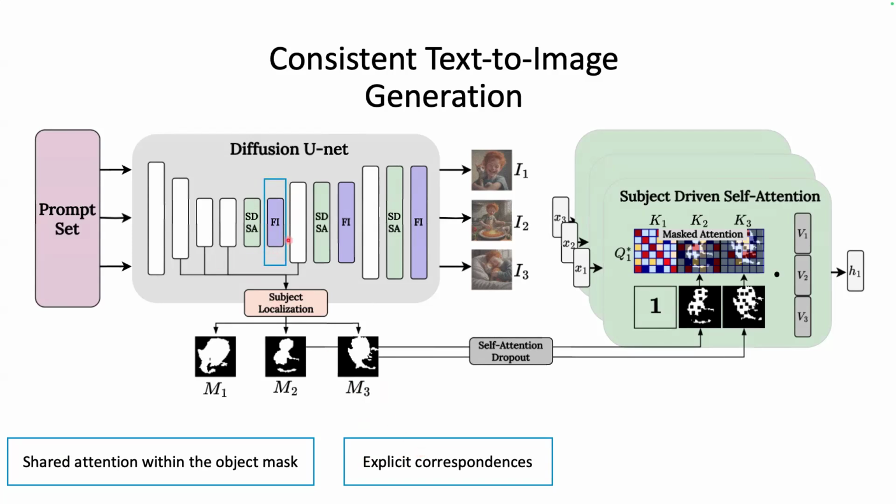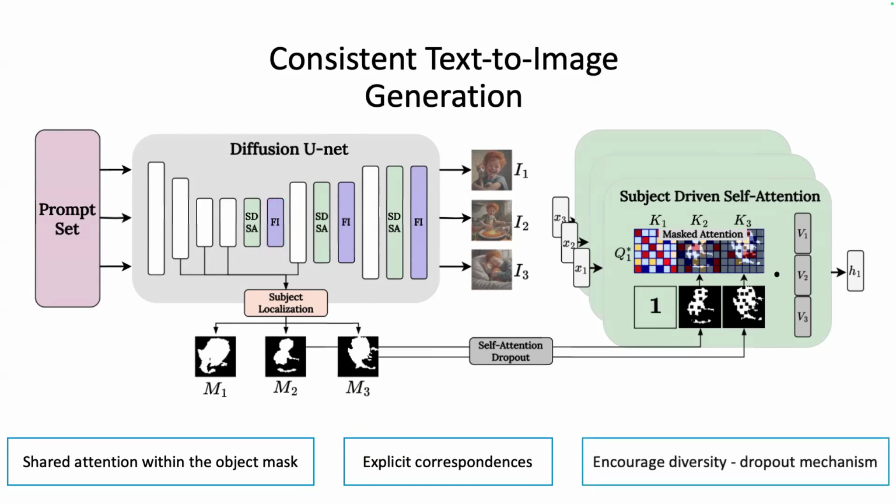This is this feature injection block here. And another thing that they do, so these two things encourage the consistency across the different images, but they also don't want the images to be exactly the same, right? They want in some image the man to drink, and in another the man to walk.